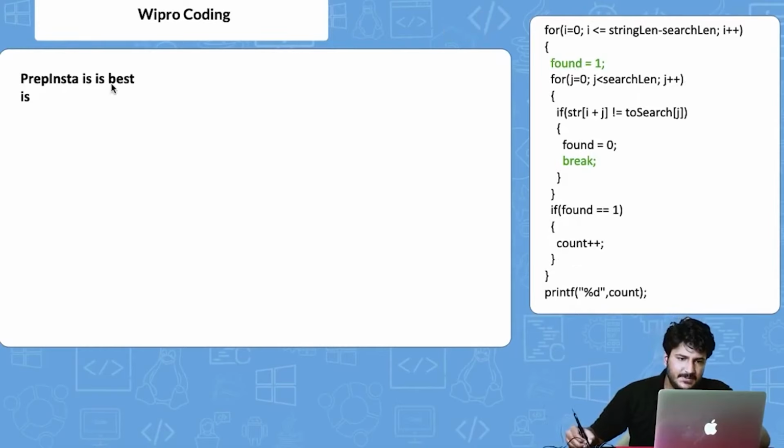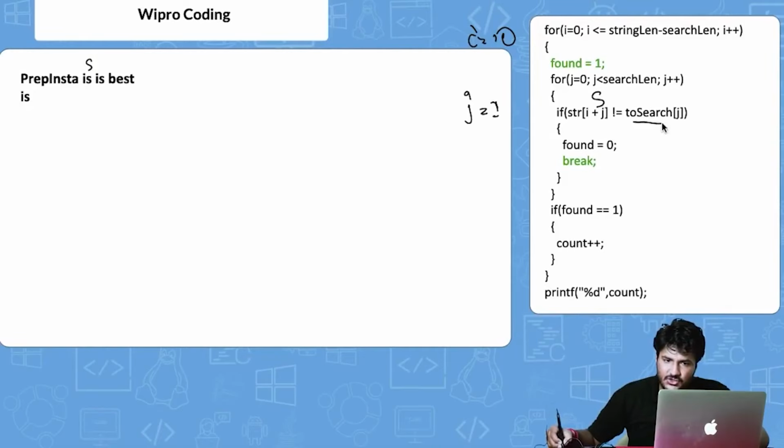Now what would happen is, this i value is 10, j value becomes 1. Now what it is saying, str of i plus j, which is basically 11, which is s, right? So s is equal to search of i, of j, which is currently 1 here, which is again s, right?